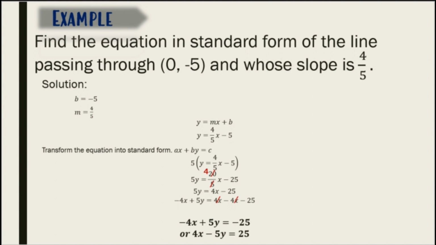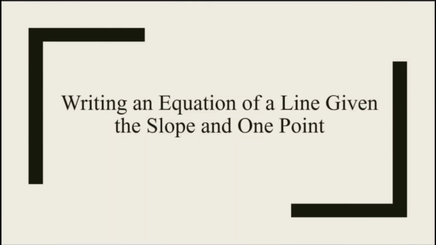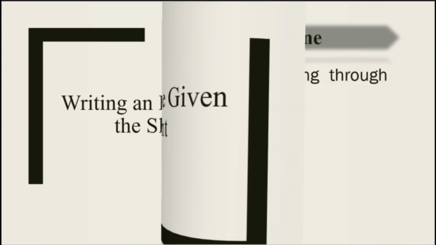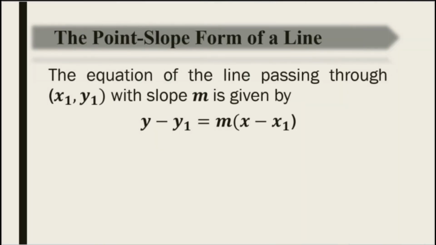For our next topic, writing an equation of a line given the slope and 1 point. The point-slope form of a line is the equation of the line passing through point (x sub 1, y sub 1) with slope m, given by the formula y minus y sub 1 equals m quantity x minus x sub 1.